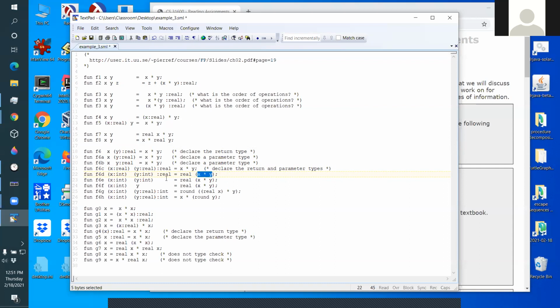So, okay. If I deleted that int and that int, they would default to int anyway. Okay. So that int and that int are redundant because this product would default to two ints. Now, the product of two ints is an int. But then this function takes in an int and returns a real, which agrees with this one here. Okay, so it takes in an int and it takes in an int and it returns a real.